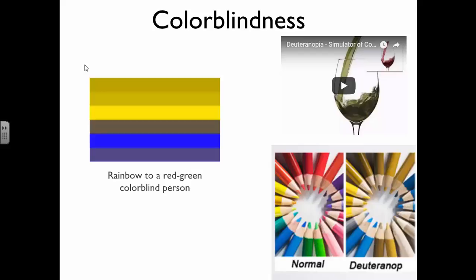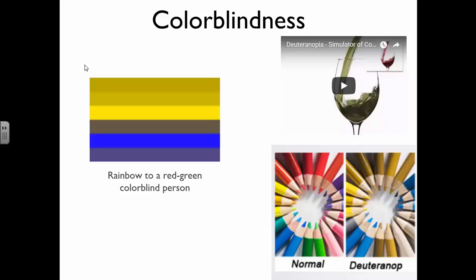If you look at some colored pencils here. In normal vision, you can see the range of colors. A person with red-green colorblindness, you can see in the red shades here and in the green shades down here, they all kind of look similar to each other. And so they can't distinguish very well between those shades.